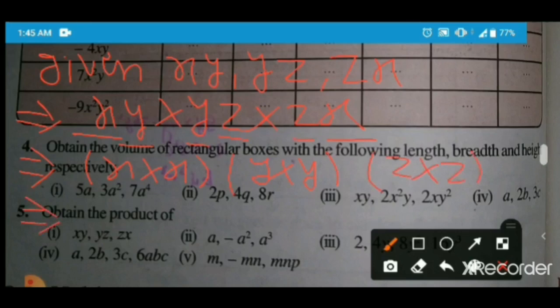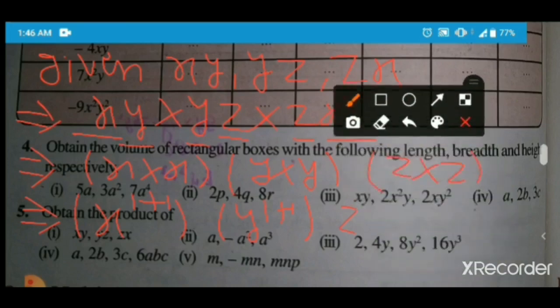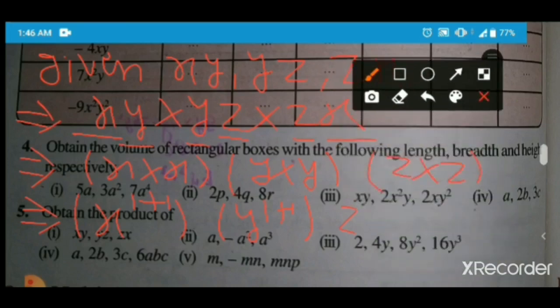So it shows that x raised to the power 1 and x raised to the power 1, in case of product the powers are added. So we can write here x raised to the power 1 plus 1, y raised to the power 1 plus 1, and z raised to the power 1 plus 1.